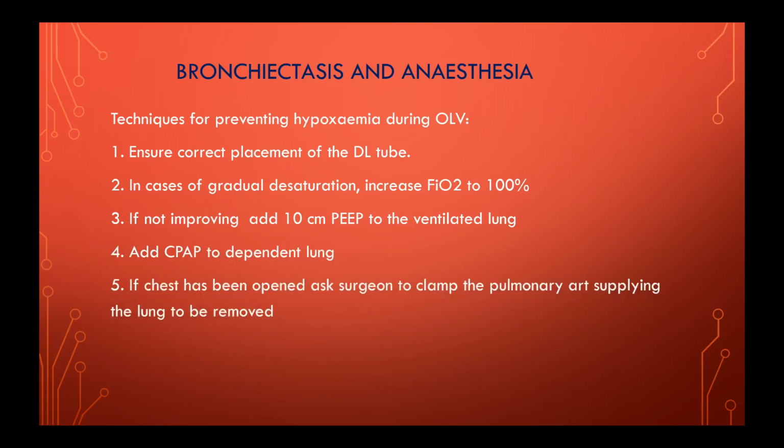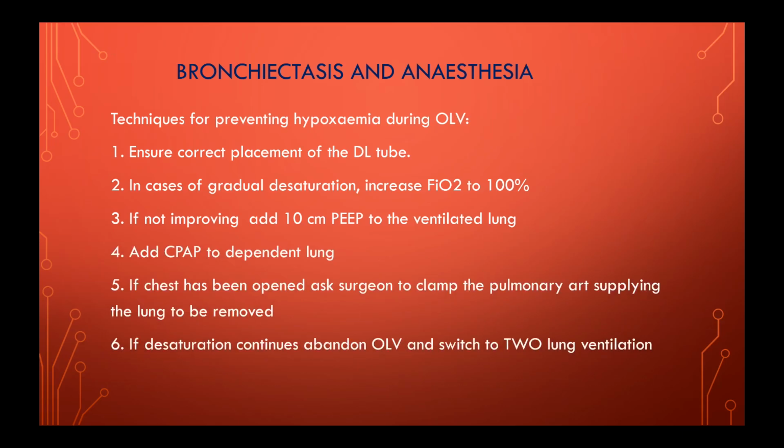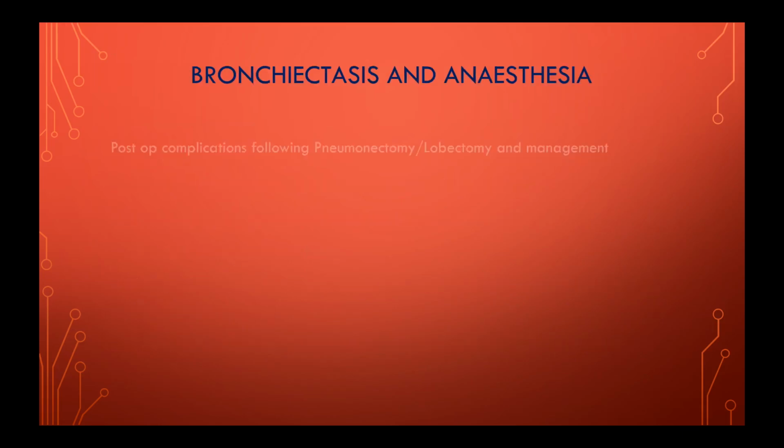If the chest has been opened, ask the surgeon to clamp the pulmonary artery of the lung to be removed. If saturation continues to fall and the patient becomes hypoxemic, abandon one lung ventilation and switch to two lung ventilation. These are the common 6 steps which you have to remember and reproduce in your exam.